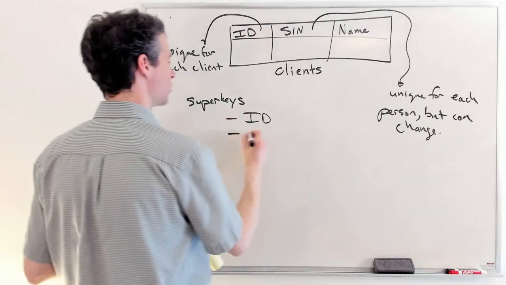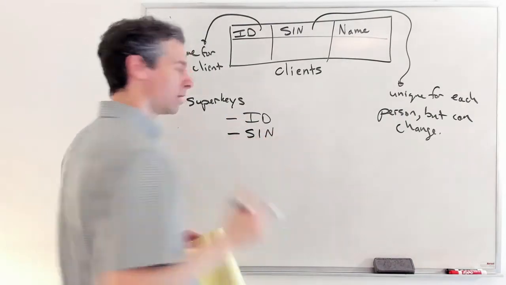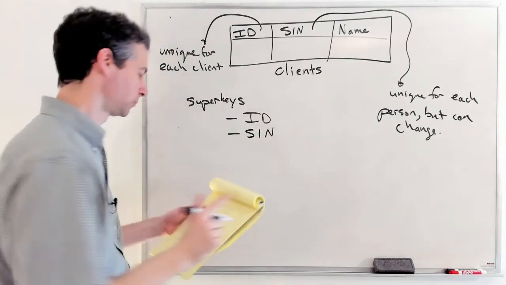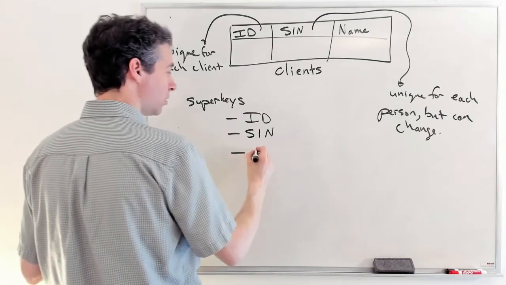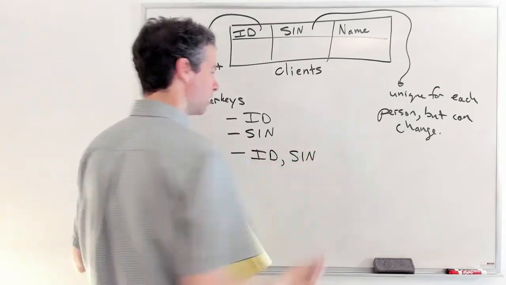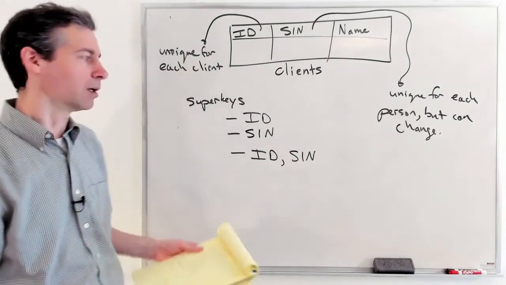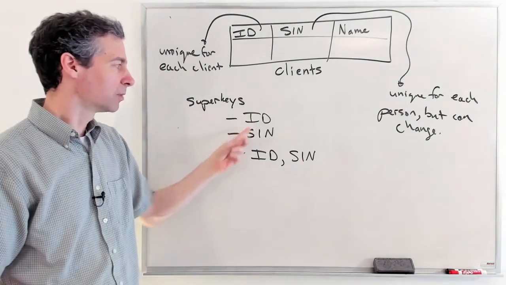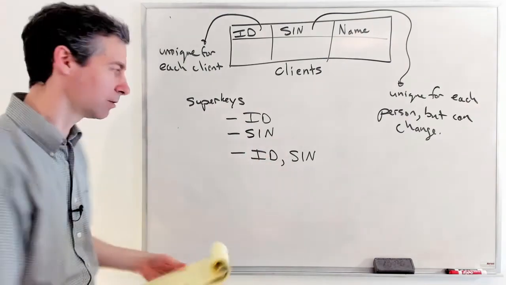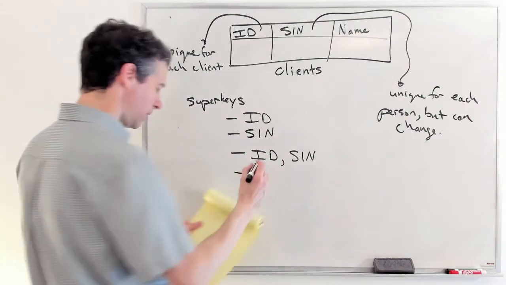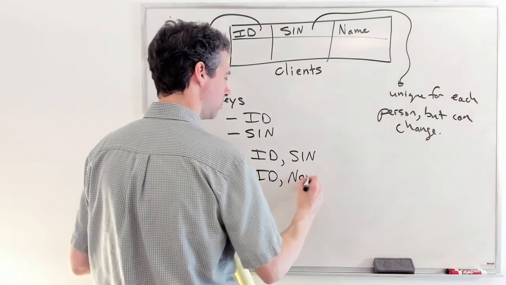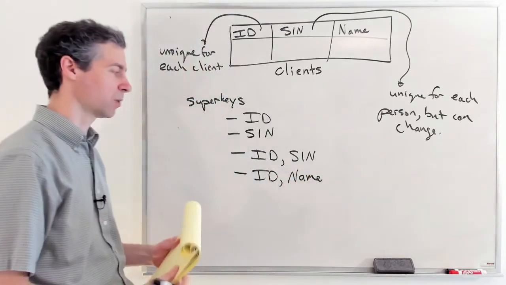We know the same is true for the SIN. It is a super key. It by itself can uniquely identify a row. Now, we could take the columns ID and SIN and have a super key. Well, I mean, if one of them uniquely identifies a row, both of them certainly uniquely identify a row, we'll never have a problem there. Likewise, we could take an ID and a name. That's a super key as well.